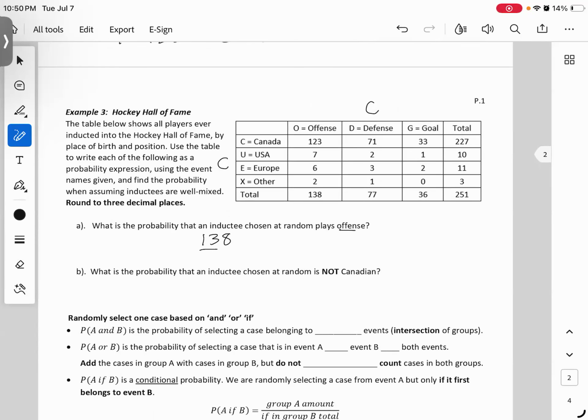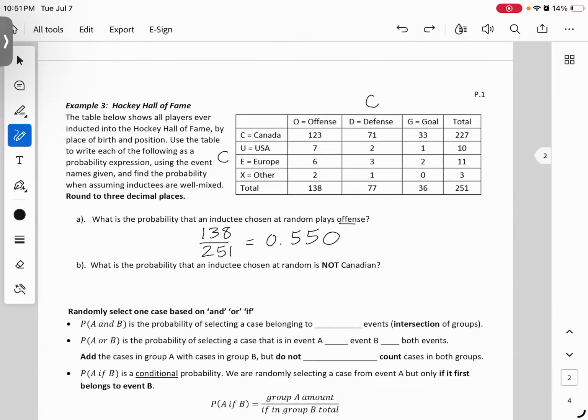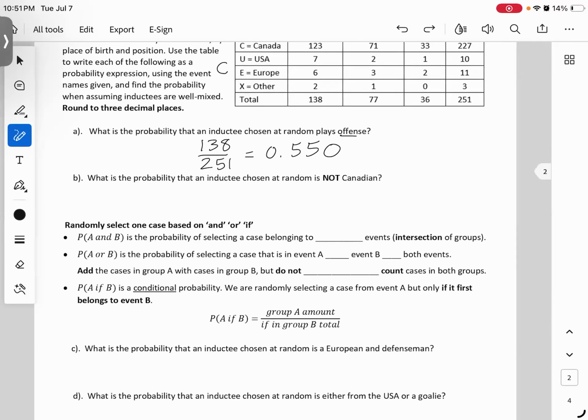Would be 138 over 251. And then you'll put that into your calculator. And you'll need to round, right? Either to two, three decimal places. This one, if we were to round to three decimal places, it would end up being 0.550. But that extra zero at the end, you don't absolutely need that. You can take it off if you want. You got about a 55% chance of selecting somebody who belonged to the offensive position.